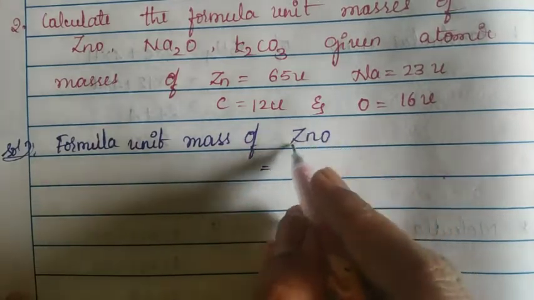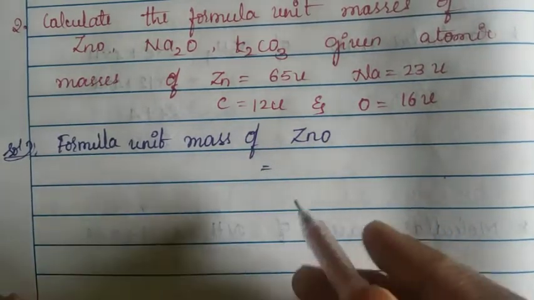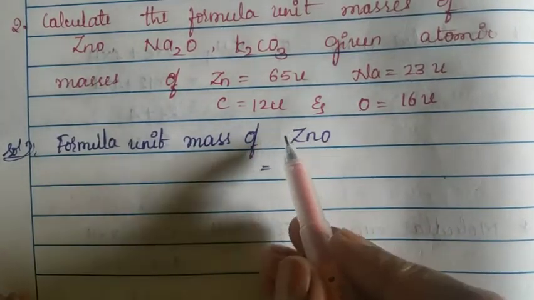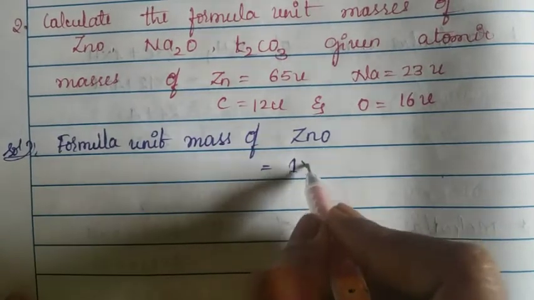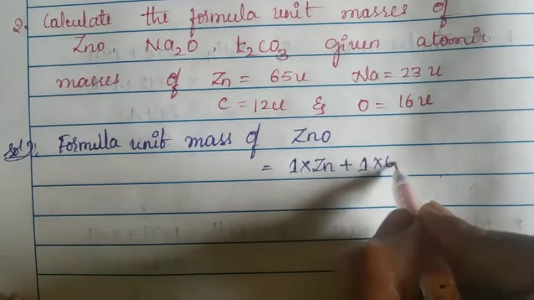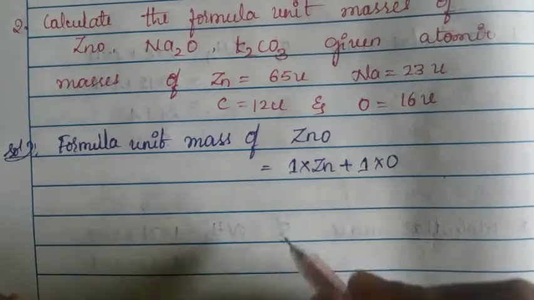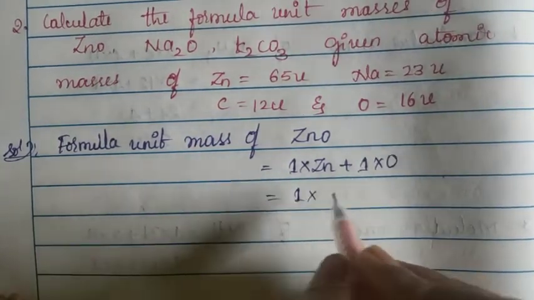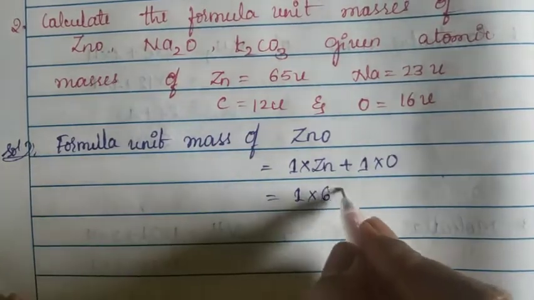Yes, now let us take first zinc oxide. See children, this shows it contains one atom of zinc plus one atom of oxygen. Yes, 1 into zinc, here how much? 65.